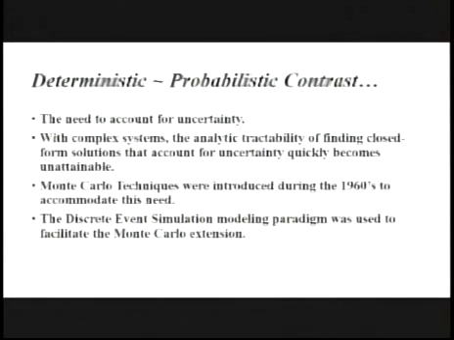And we'll say from historical evidence, we know that to branch left is much more likely than to branch right. Putting a number to that, let's say to branch left there's a 90% chance, while branching right is a 10% chance. The way we handle that in a Monte Carlo world with discrete event simulation is we have a random number generator inside the software that essentially throws the dice for us.